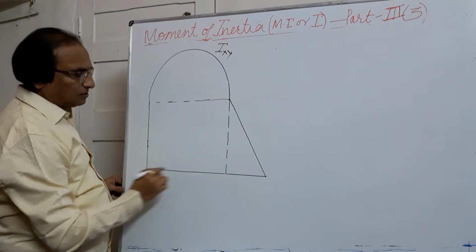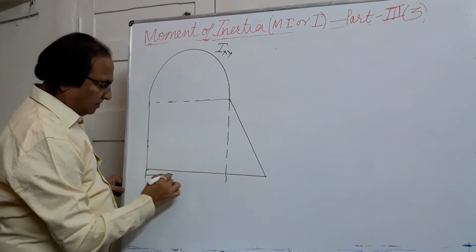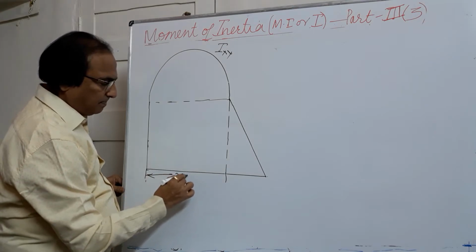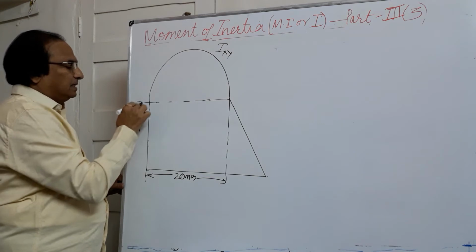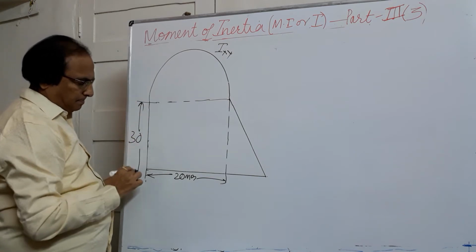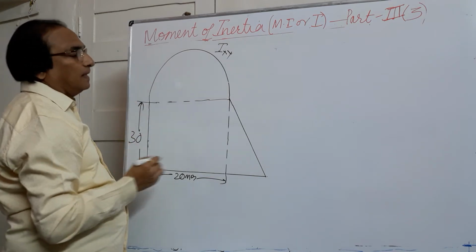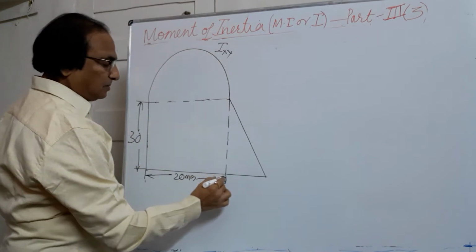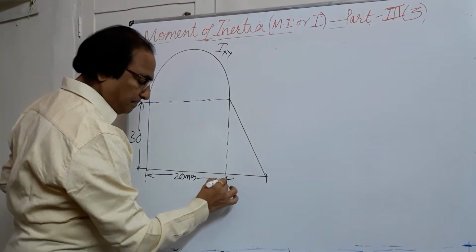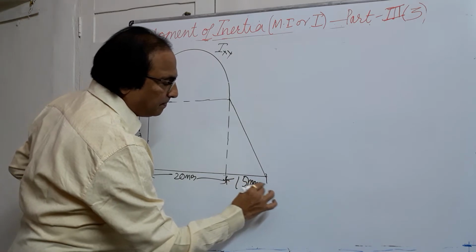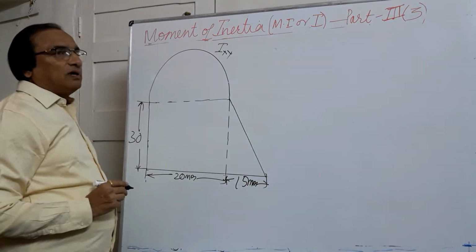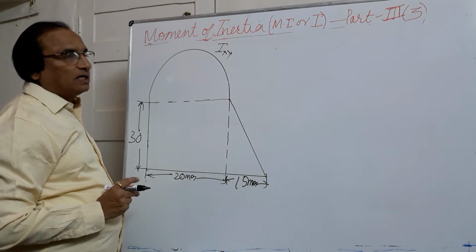Let the dimensions be 20 mm, let this height be say 30 mm, and let this width be 15 mm. So here you are required to find out the moment of inertia of the figure.